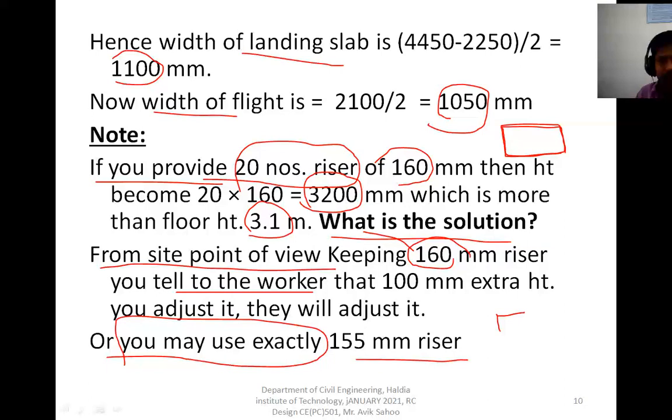With 160, you must tell the worker how much is extra, and they will adjust, and you will not be able to understand the difference.